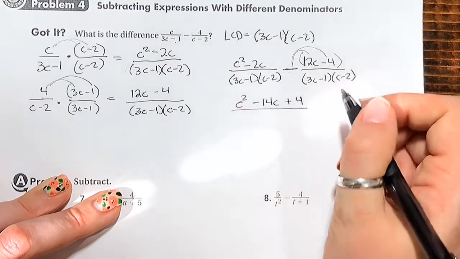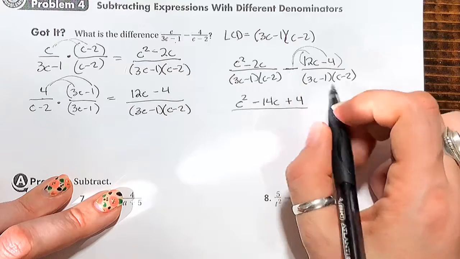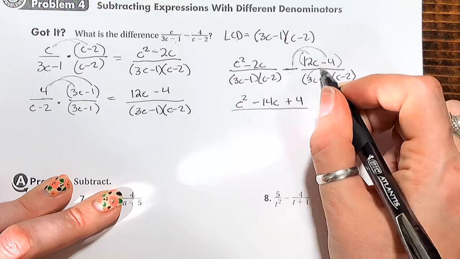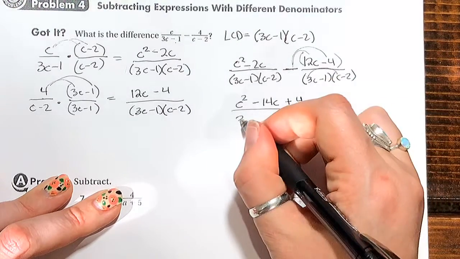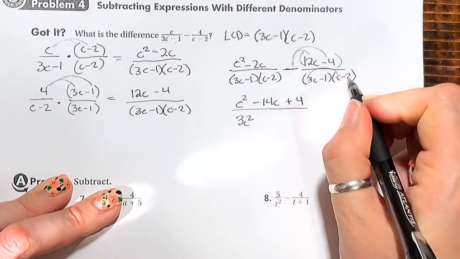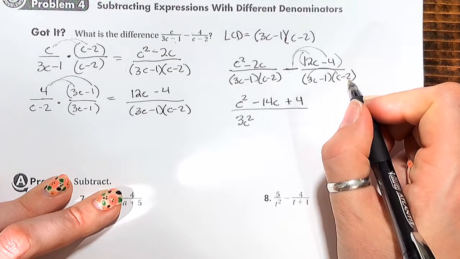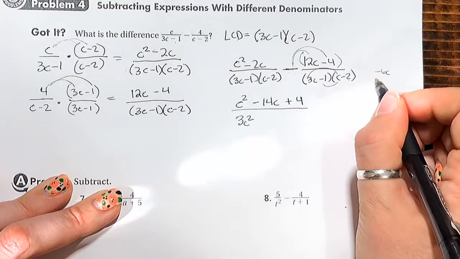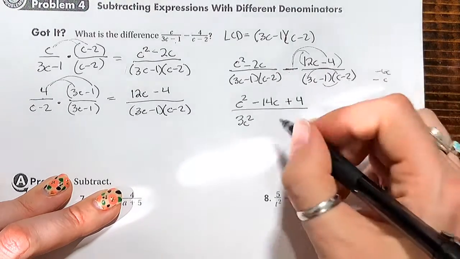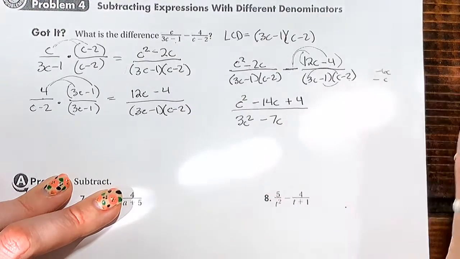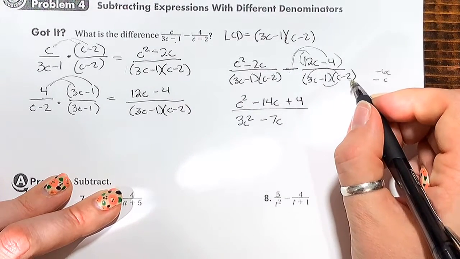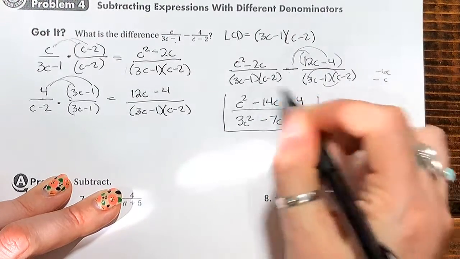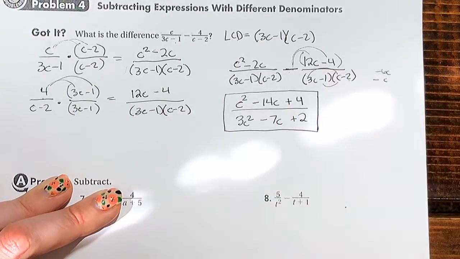And then on the bottom, here's when you can start actually foiling your LCD. So I'm going to do 3c times c, which is 3c squared, and then 3c times negative 2, which is a negative 6c, and then I'm going to have negative 1 times c, which is a negative c, so those two together are going to be a negative 7c, and then negative 1 times negative 2 is going to turn to a positive 2, and so that would be everything in expanded form.